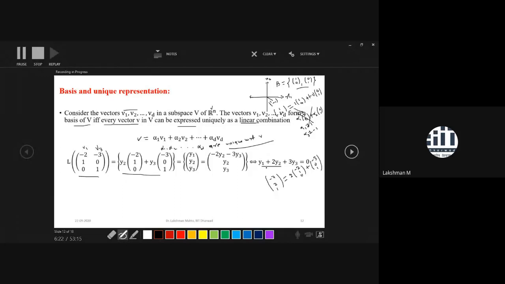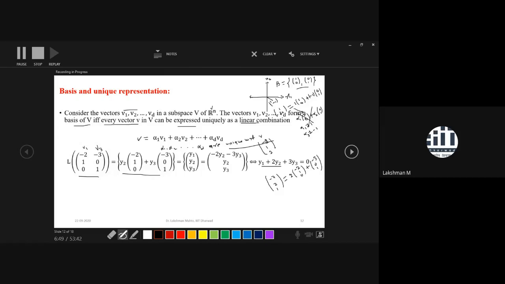If you are willing to take another vector, like suppose you take Y2 equal to 1 and Y3 equal to 2, then what would be your Y1? Y1 is dependent on Y2 and Y3. So Y1 would be minus 2 minus 6, which is minus 8.